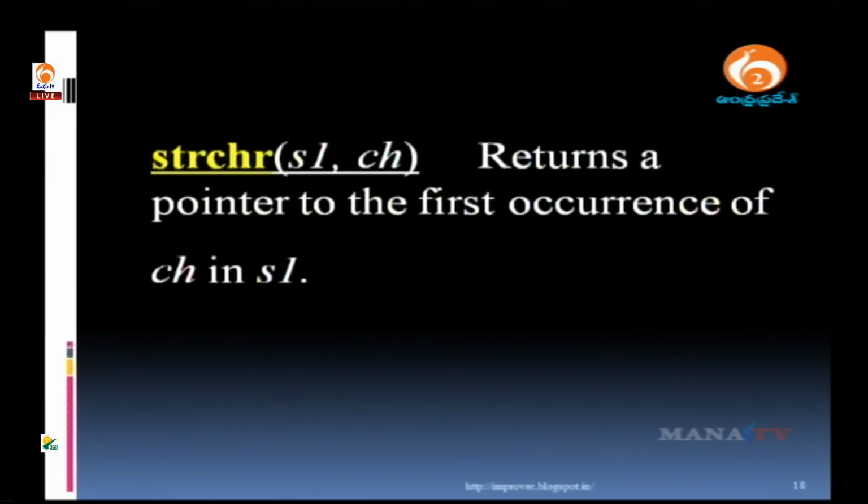Next, strchr. It returns a pointer to the first occurrence of ch in S1. First occurrence: the occurrences in the character string are found, and it returns a pointer. That is the meaning of this.